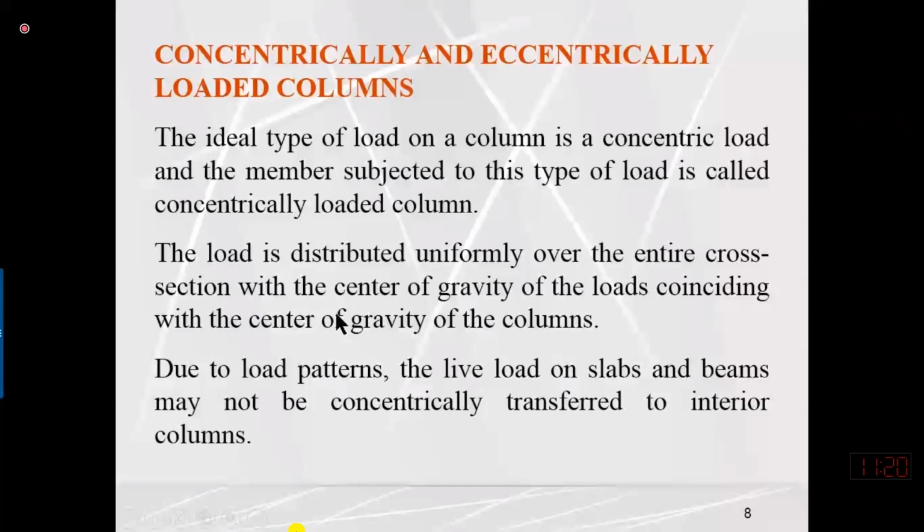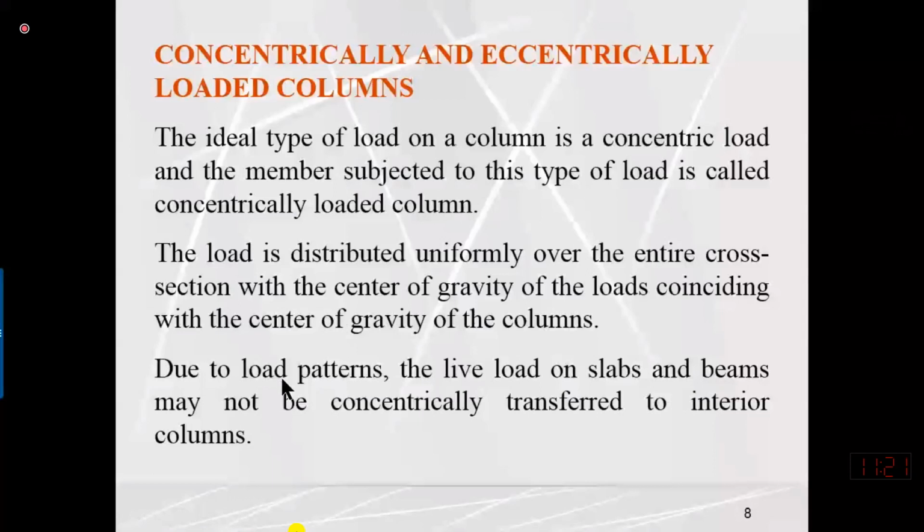But in many cases, the center line of the load might not be coinciding with the theoretical center line of the column. For example, the edge column or corner column in a building is having load only from one side.